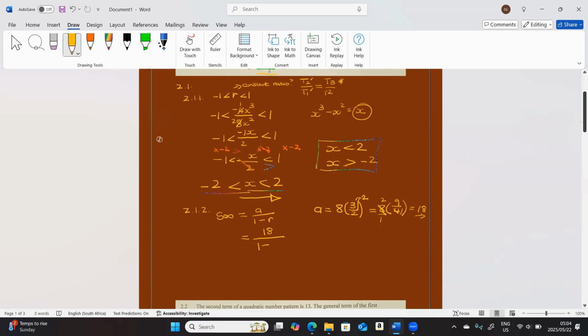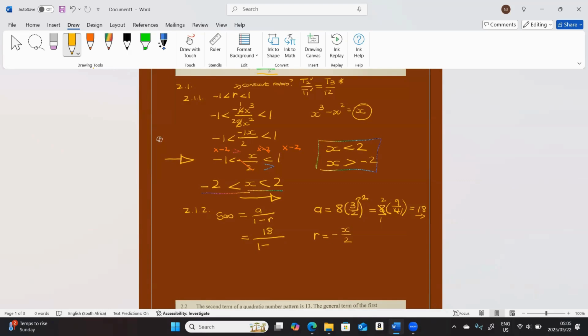Can you see that the simplified version of the constant ratio in terms of x that we reached in this step was minus x over 2? So R equals minus x over 2. Can you see that?